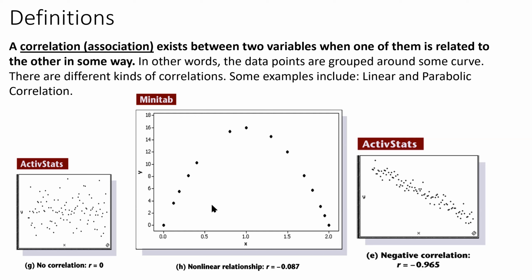Now in the second plot, we see that the data points line up, but it's not a straight line, it's a parabola. So this is a parabolic correlation, which we're not studying in this course. And in the third slide, we see that the data group around a straight line. So that represents a linear correlation.